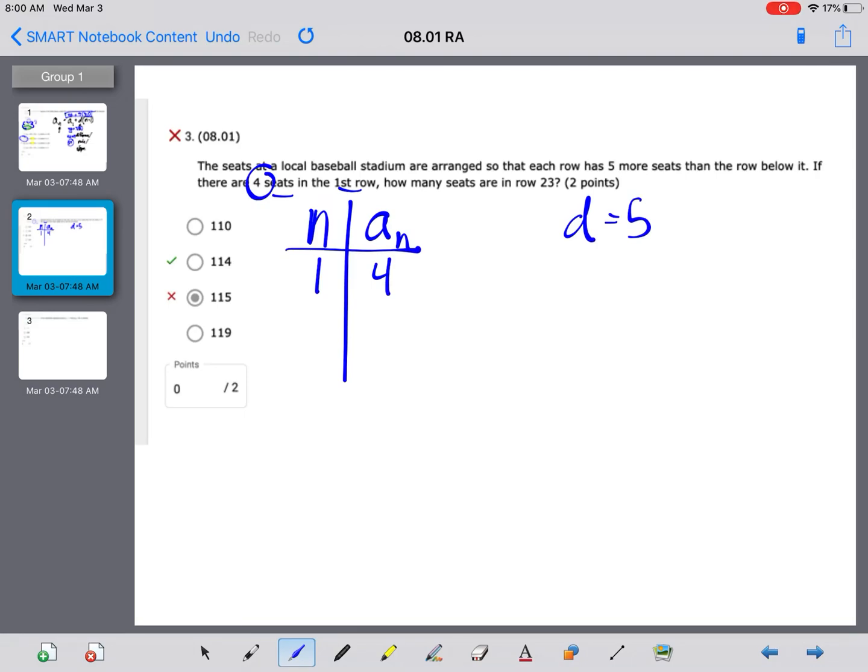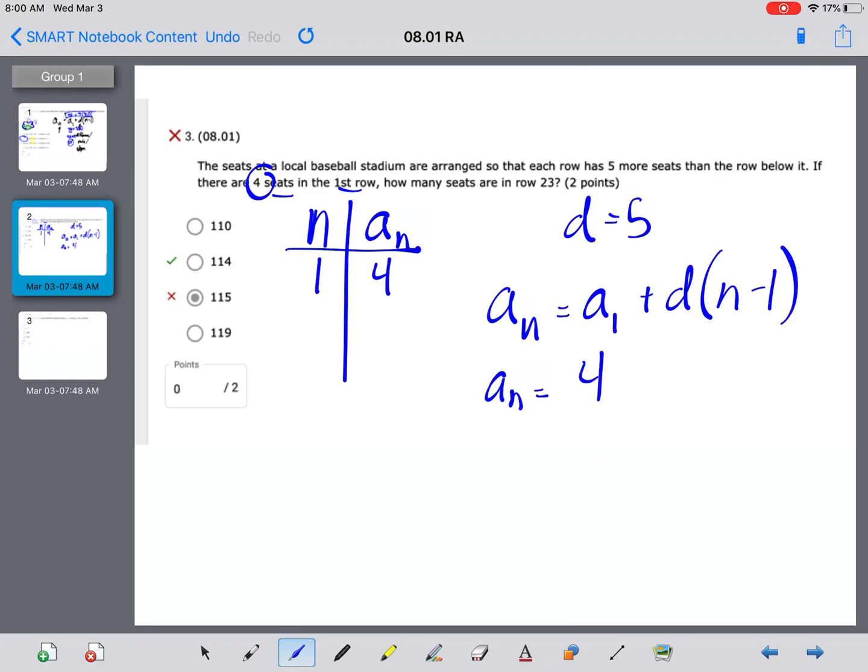Alrighty. So what do we need to do? We need to use that formula. So a sub n equals a sub 1 plus the difference times n minus 1. So our answer will be 4. There's 4 seats in the first row. Plus we're adding 5 seats for every row, but don't count the first row again.